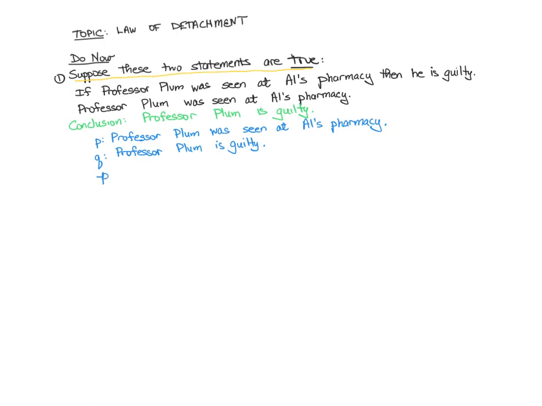If P, then Q would translate this conditional up here. And we have P, and that translates the second sentence. So if these two are true at the same time, then it follows that Professor Plum is guilty.